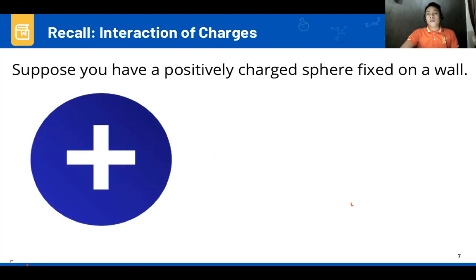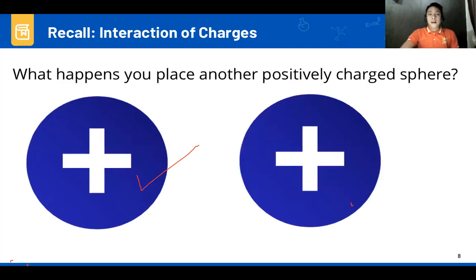Suppose you have a positively charged sphere fixed on a wall. Okay, so this will be our positively charged sphere. And what happens if you place another positively charged sphere? We already discussed this last time, right?